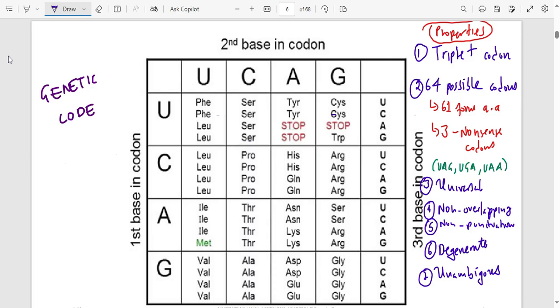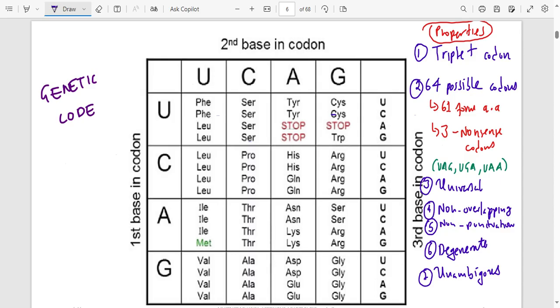So more than one codon coding for the same amino acid is known as degenerate. Please don't confuse. It's not more than one amino acid being coded by the same codon. More than one codon forming the same amino acid. That's how questions are going to come in your exam. So more than one codon can form the same amino acid. Not more than one amino acid being coded by the same codon. That's the meaning of degenerate.